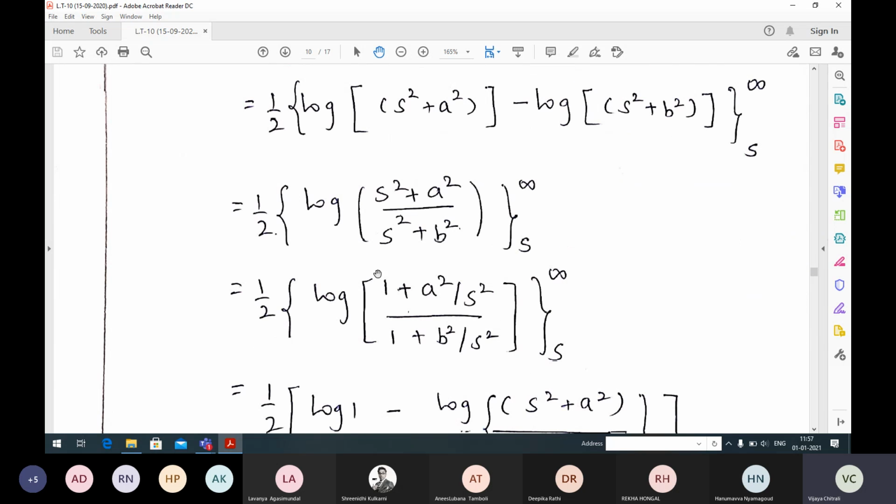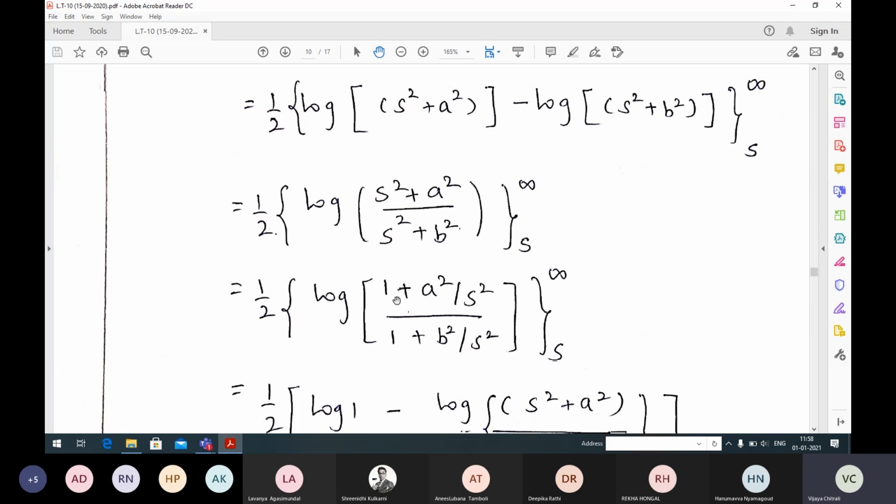So for that, take s square common and cancel, because numerator also has s square term, you take common, denominator also you take s square common, both numerator and denominator s square cancels. So after simplifying, you'll get here 1 by 2 log of 1 plus a square divided by s square, divided by 1 plus b square divided by s square.